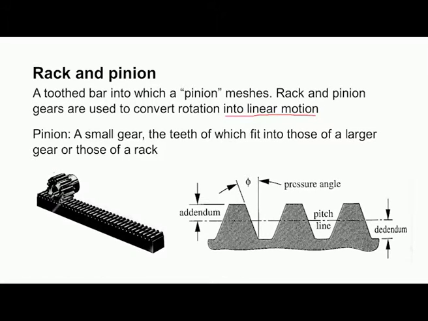So, when the pinion rotates, then the rack moves linearly. Pinion is a small gear, the teeth of which fit into those of a larger gear or those of a rack.